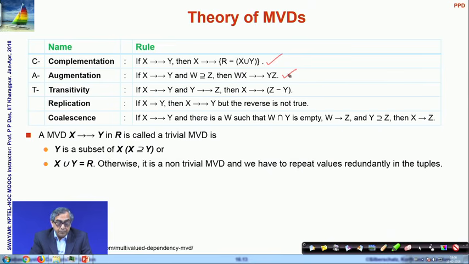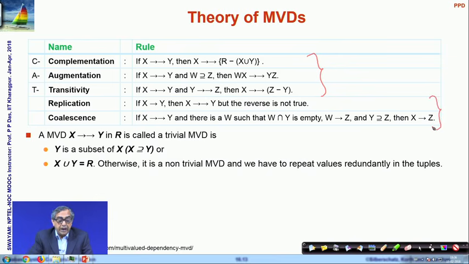That augmentation is possible. Transitivity manifests in a slightly different way. If x multi-determines y and y multi-determines z, then x multi-determines z minus y. So, these are the 3 rules that involve only multi-valued dependencies.